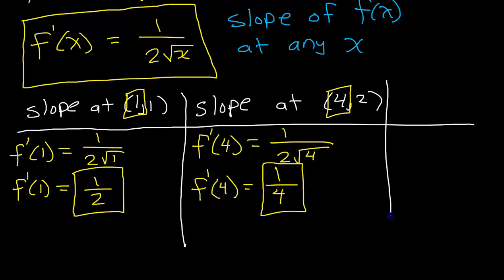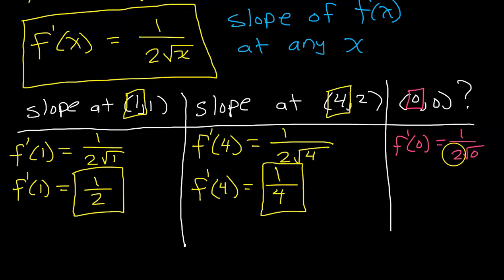So last but not least, what is going on at (0, 0)? Well, if I try to do the same thing I've been doing, I might say, okay, what's the slope at 0? Looking at this part, I might think, well, 1 over 2 times radical 0 is going to give me a 0 denominator. What is the deal? This is undefined. That's no good.